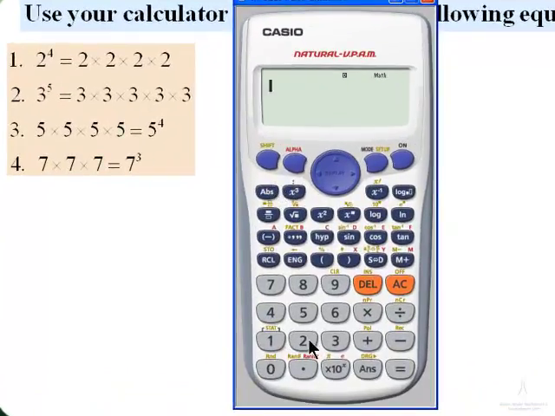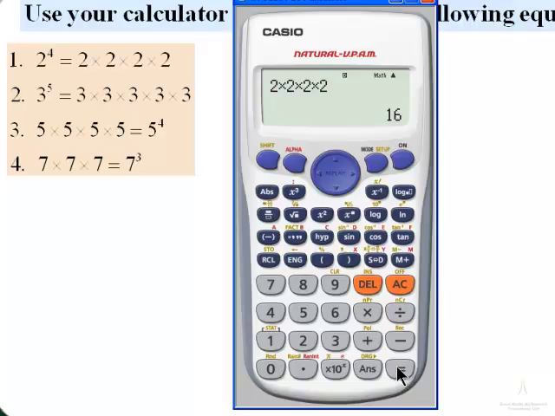Now if we use the calculator in the first and say the last example, if I multiply the number 2 4 times by itself, as indicated on the screen, and do this calculation, obviously we get the answer of 16.